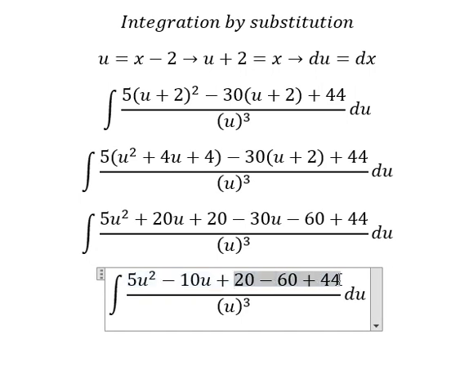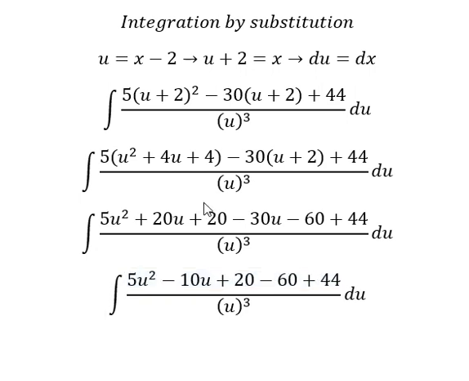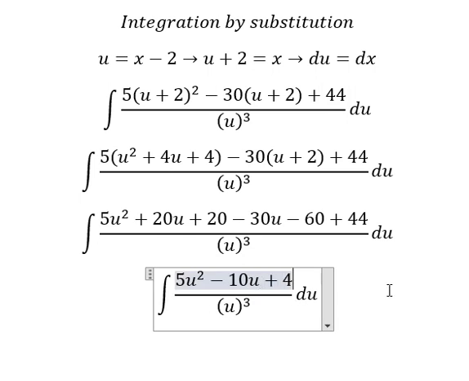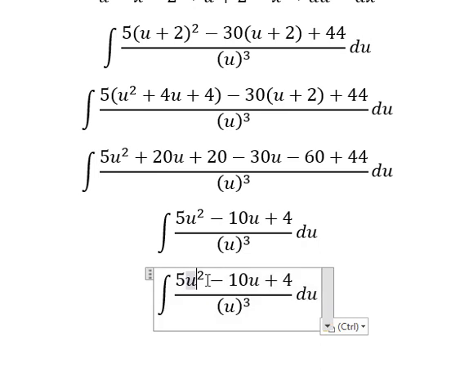This one we calculate and we get 4. So this one divided by this one, divided by this one, and 4 divided by this one.